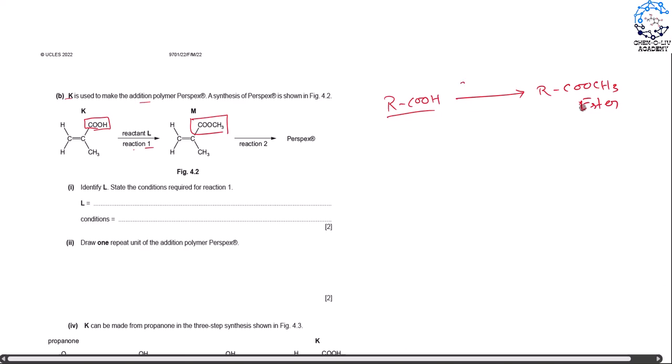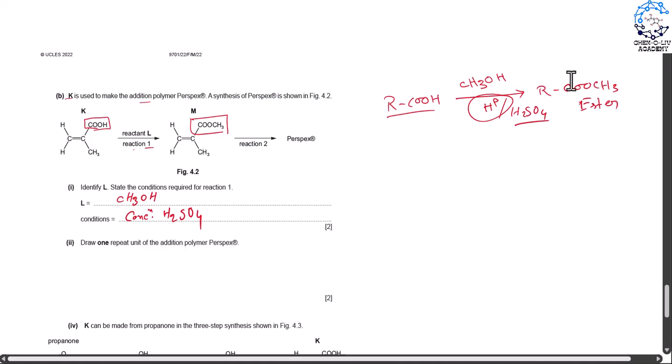It's going to react with an alcohol. So the alcohol will be CH3OH, in the presence of H plus catalyst, or H2SO4. You may write concentrated H2SO4. So let's write the reaction. L is the reactant, which is our CH3OH, methanol, and the condition is concentrated H2SO4.